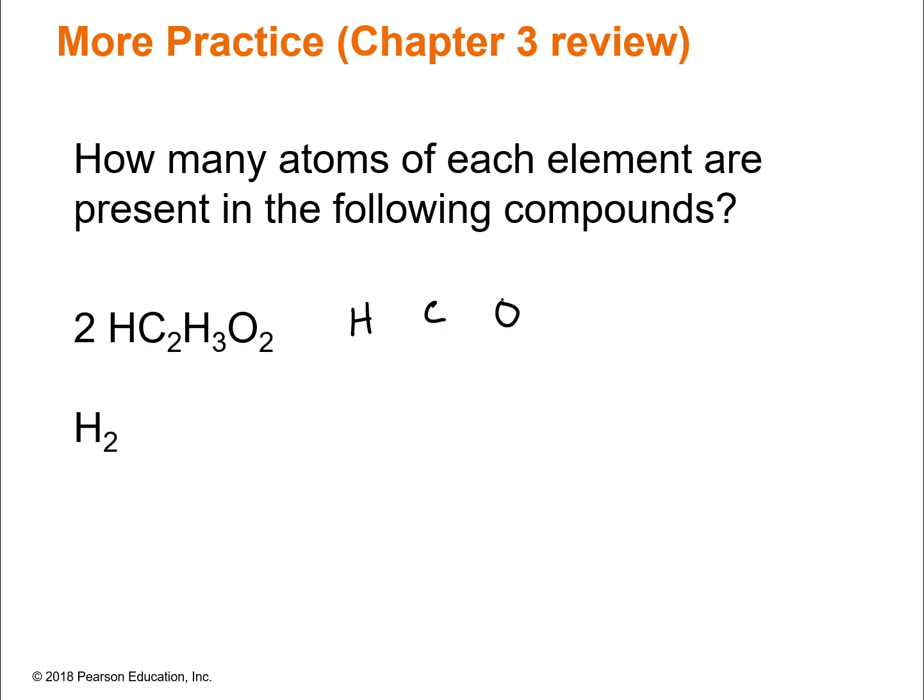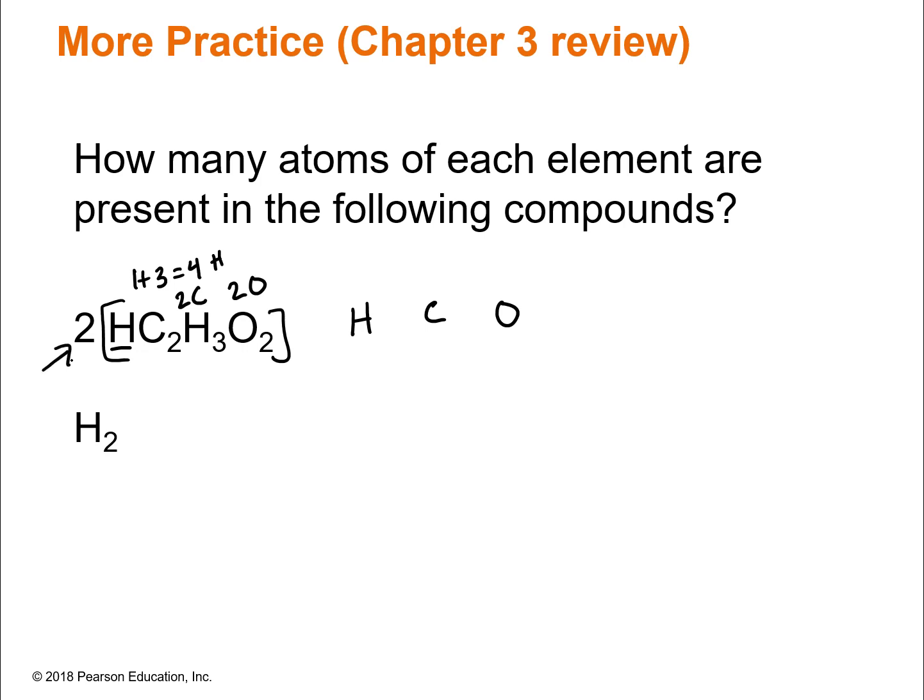So in this first compound, we've got 3 elements: hydrogen, carbon, and oxygen. Let's first focus on just the compound. So we've got 1 plus 3 to make 4 hydrogens. We've got 2 carbons and 2 oxygens.